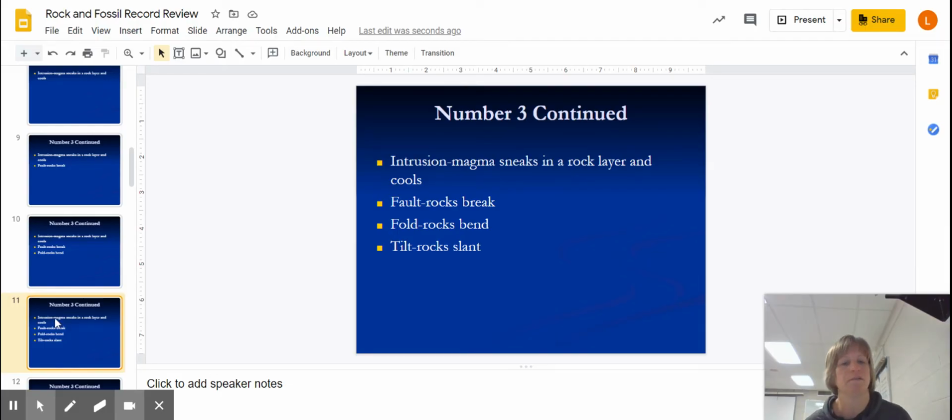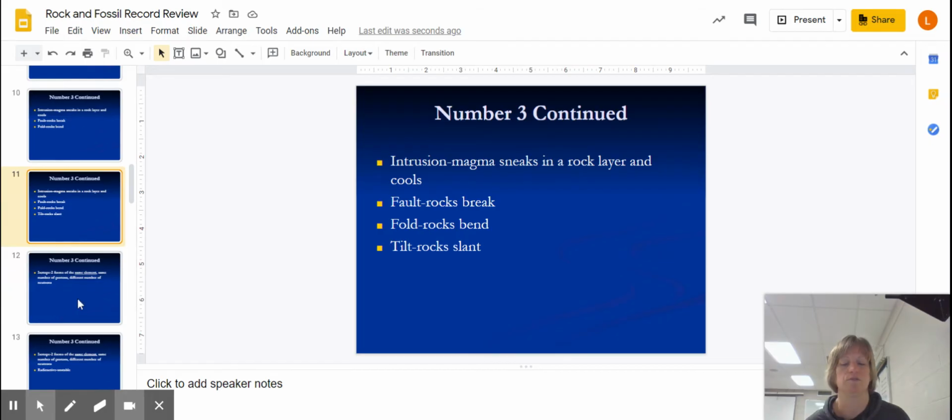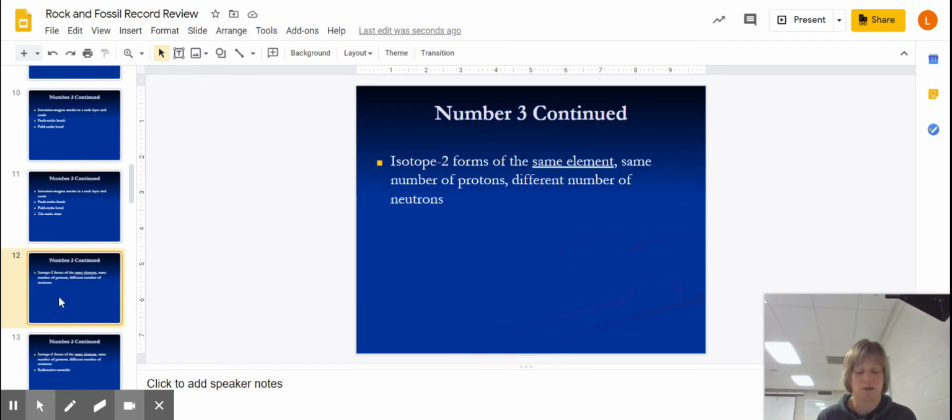So after we studied relative dating techniques, we got into absolute dating. And so to understand absolute dating, you have to understand isotopes. So notice I underlined the words same element. Isotopes are two forms of the same element. They have the same number of positively charged protons, but different numbers of neutral neutrons.